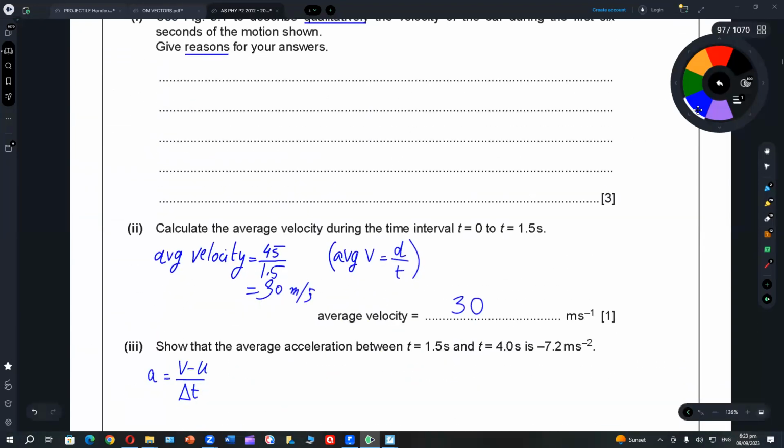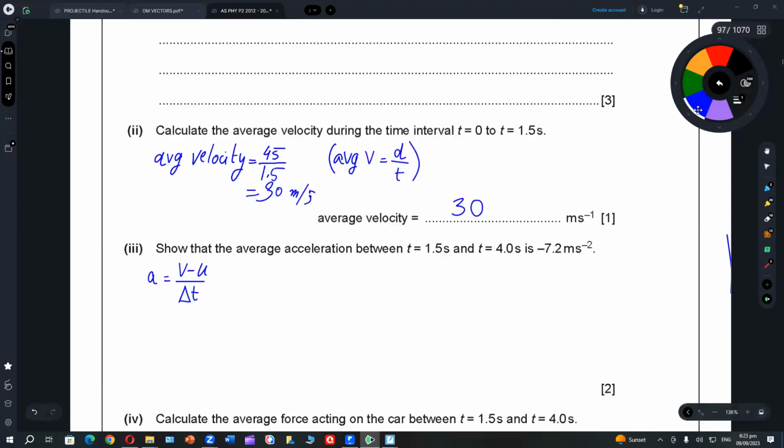Majority people gave me 98. So I think 98 is looking fine to me.